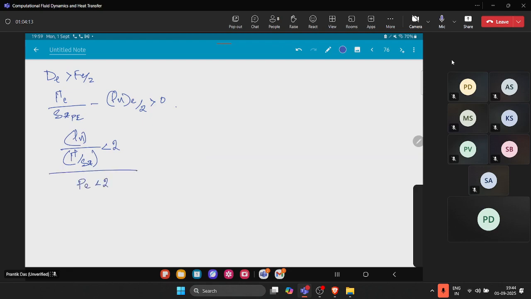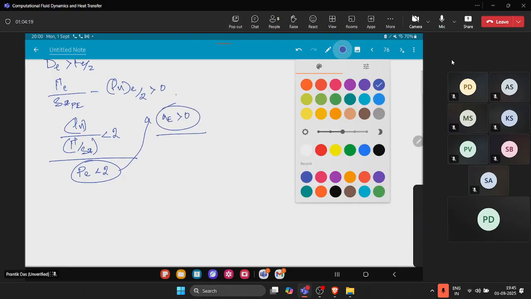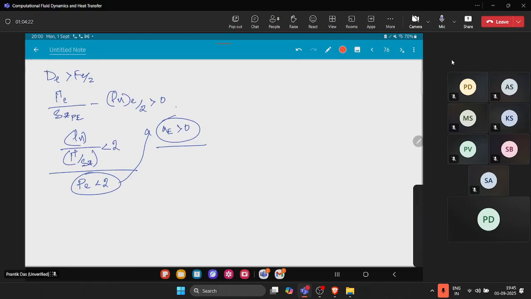If the Peclet number is less than 2, then your AE is positive. This is called the Peclet number, which is basically your convection by diffusion. If it is calculated in each and every cell, then it is called the cell Peclet number. The P is silent, so cell Peclet number.